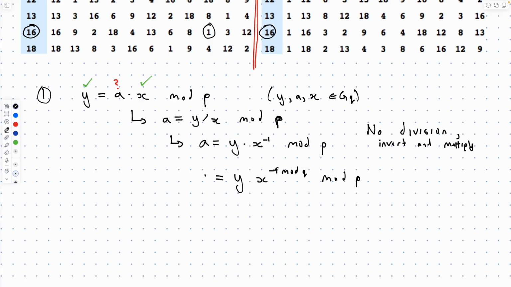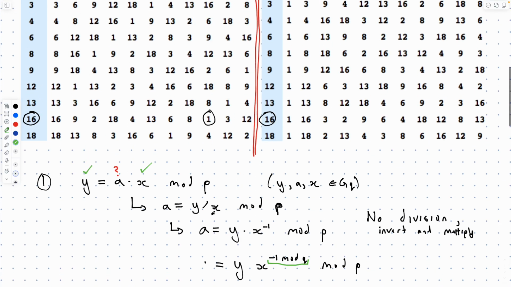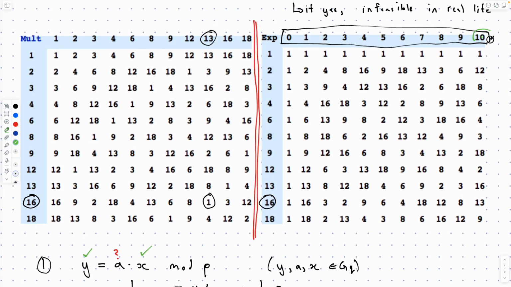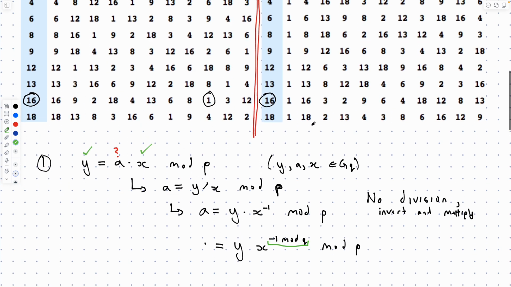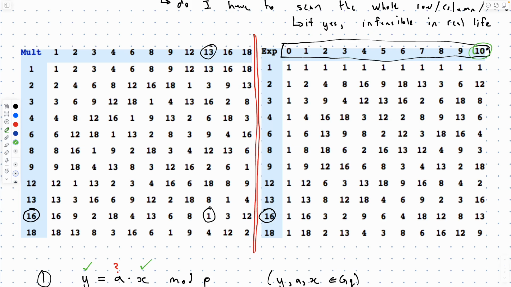Okay, so if I can reduce this equation, then I can make some progress on it. What is -1 mod q? Not in concrete numbers, but here it is 10. That's correct. And in symbols, what's special about 10 here? It's the last column. Is it always going to be the last column?